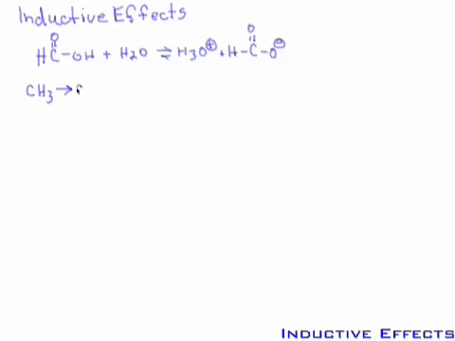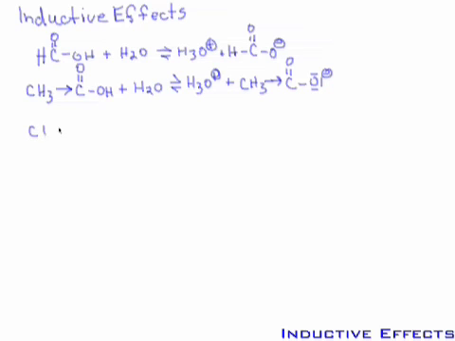Methyl, through sigma donation, pushes electrons into the carboxylic acid. And compare that to when you have an electronegative group that's withdrawing electrons through its sigma bond.